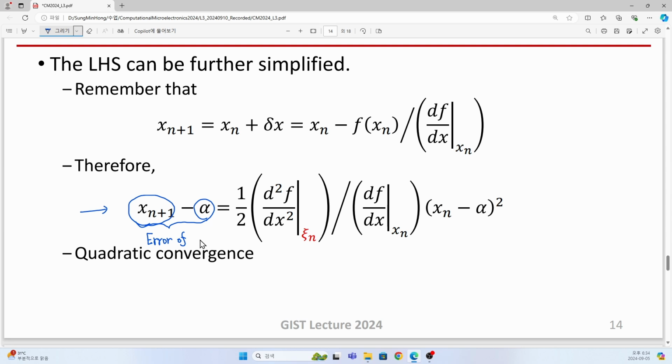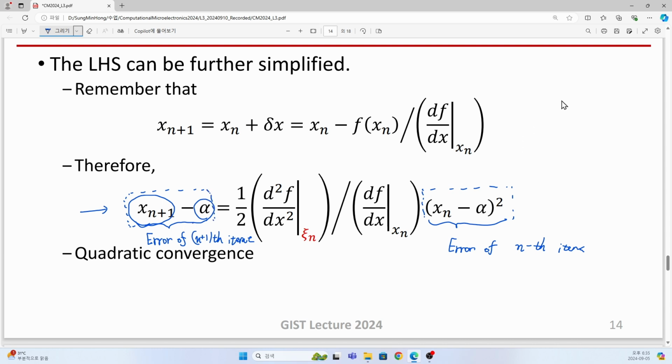of our n plus 1's iteration. And this quantity is corresponding to the error of our nth iteration. So it simply means that the error of our previous round or iteration is just squared, and now it becomes the next iteration's error.